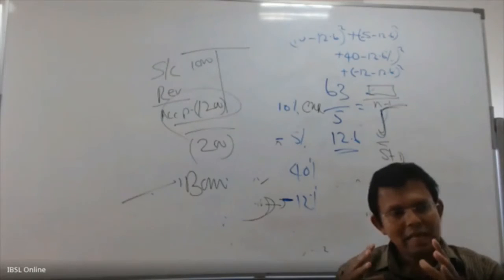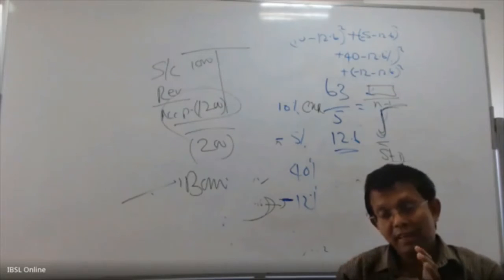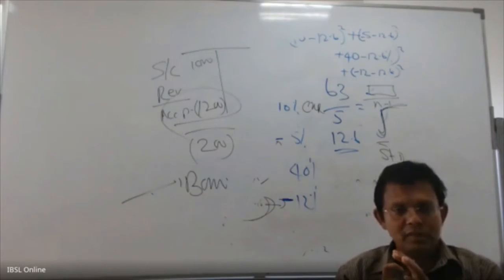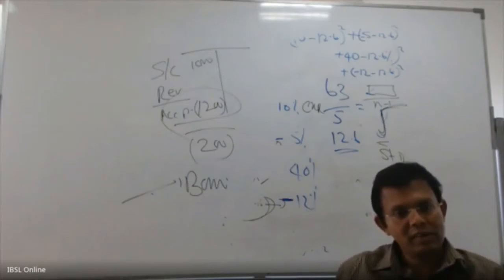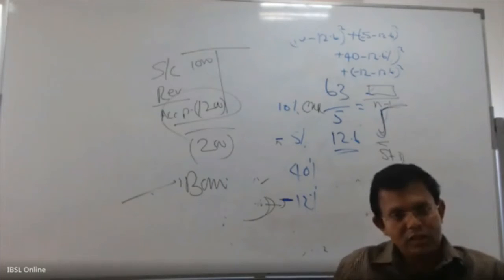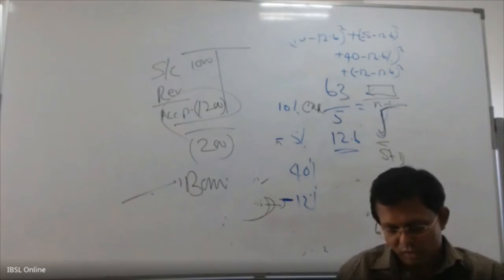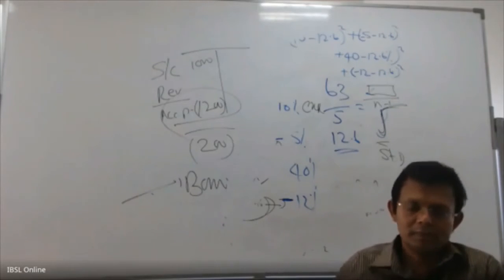Plus, there are some additional benefits available if you go for borrowing. The main thing is tax benefit. You can't avoid it, tax benefit. That is one reason you are encouraged to go for borrowings, debt securities, debt issuance.